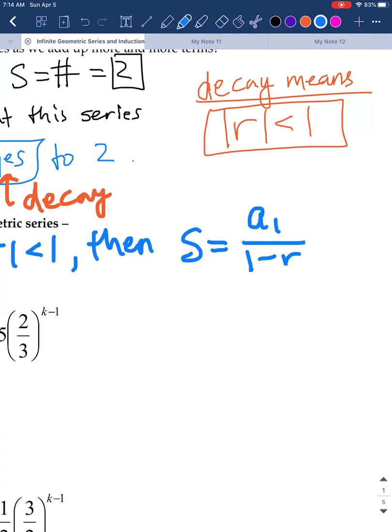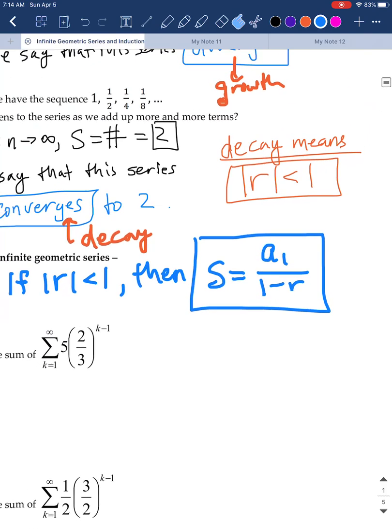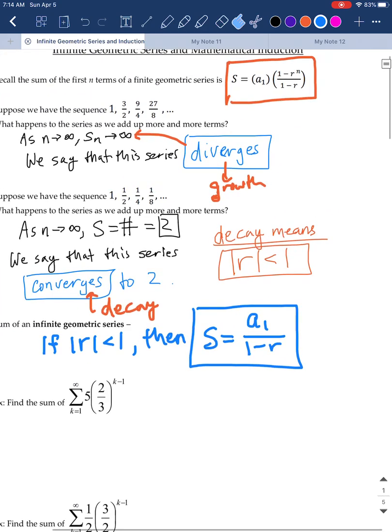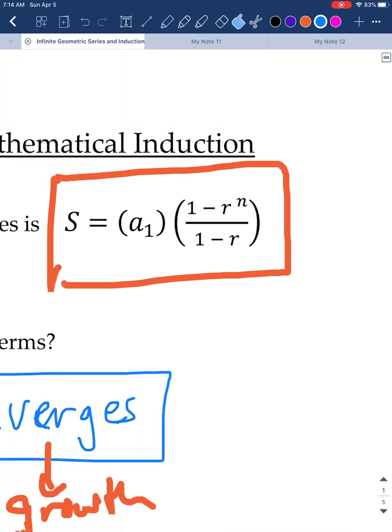It's going to equal the first term divided by 1 minus r. If we go up, we can see that that's almost this first formula. But it's not this first formula because it's missing something, right? 1 minus r to the n. So where did that go?